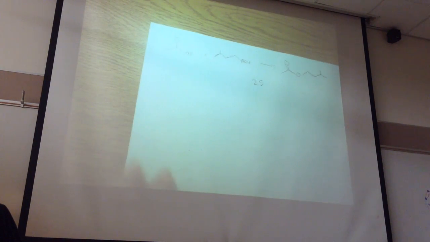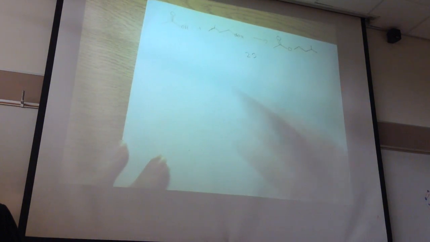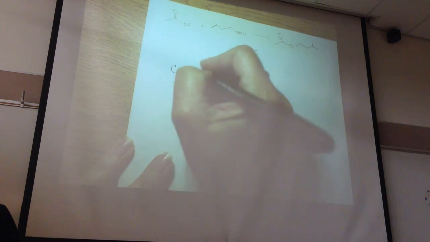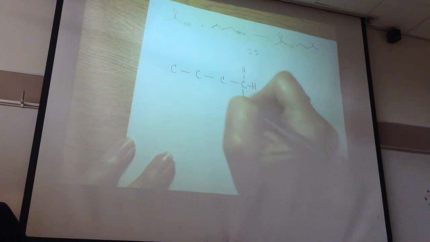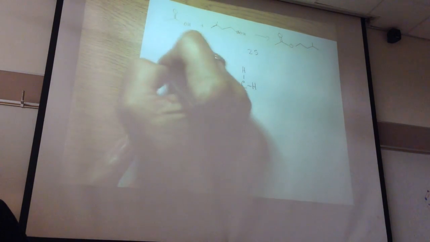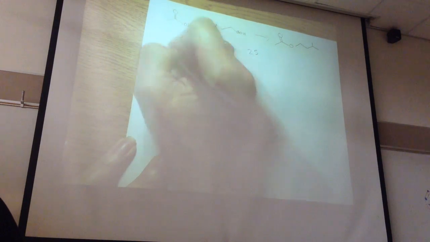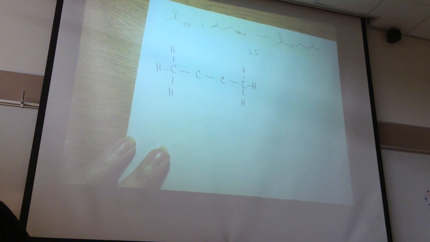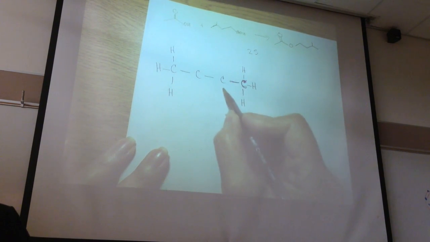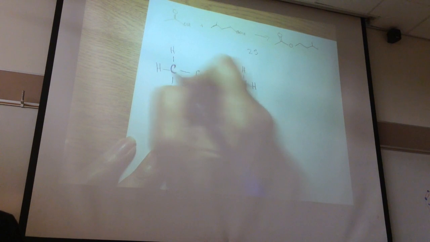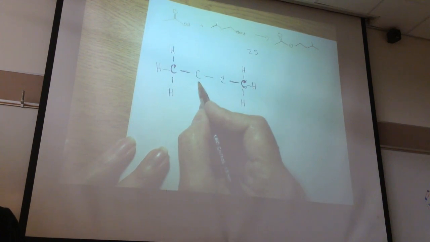Okay, it looks like this. When you have butane, butane looks like that, and there's 1, 2, 3, and all of these guys in black, we said were equivalent to each other. And these guys are said to be primary because they are bonded only to one other carbon. And I'm primary because I'm only bonded to one carbon.